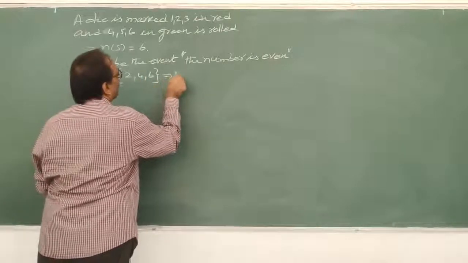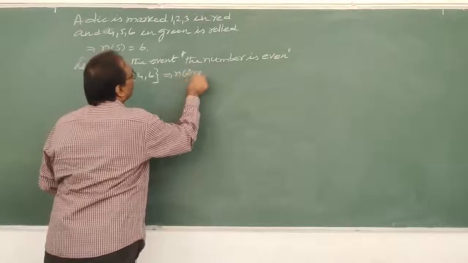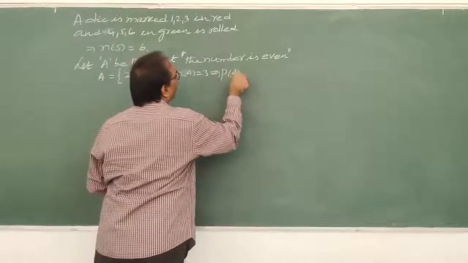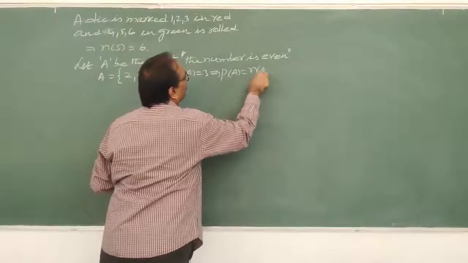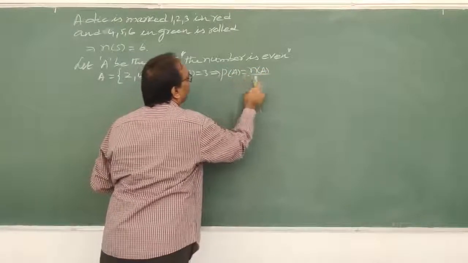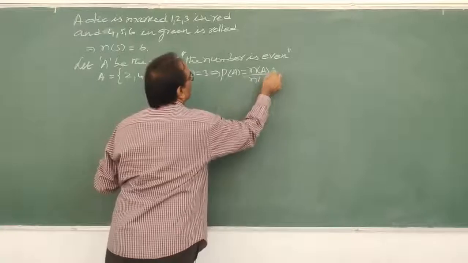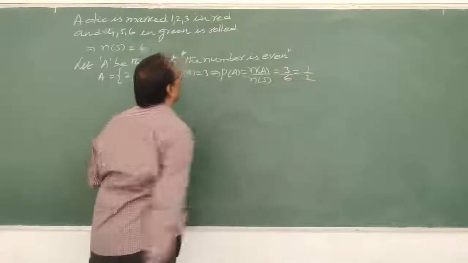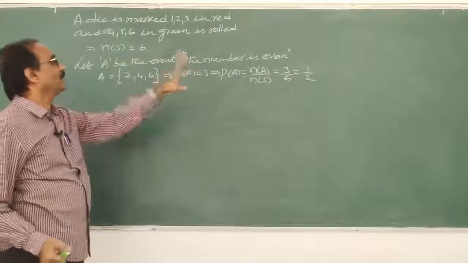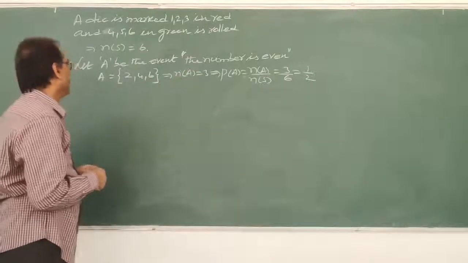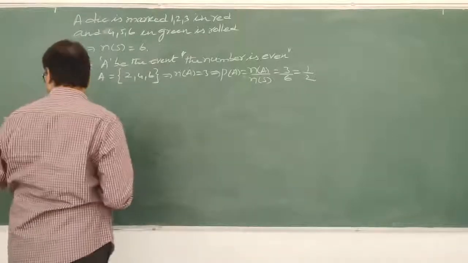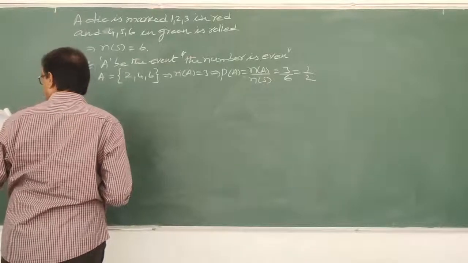This implies n of A is equal to 3. This implies P of A is equal to n of A by n of S, which is nothing but 3 by 6, that is equal to 1 by 2. We got probability of A is equal to 1 by 2. Now, what is B? Now you see B. Here, what is said for B, we will see now.